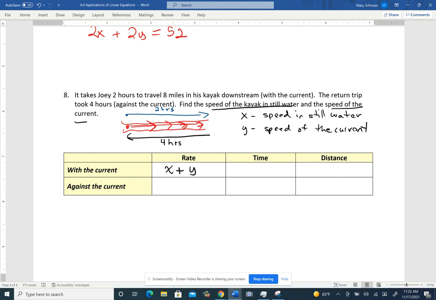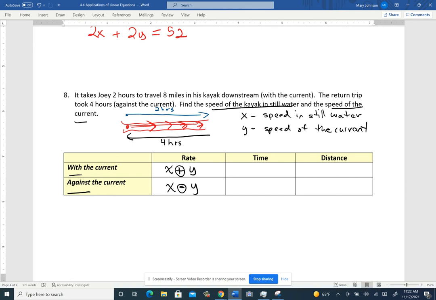So it'll be x plus y would be the rate that you're actually going downstream. And when you're going against the current, we're assuming you're paddling at the same rate. But the current is pushing against you, so it slows you down. So against will be the minus, with will be the plus.